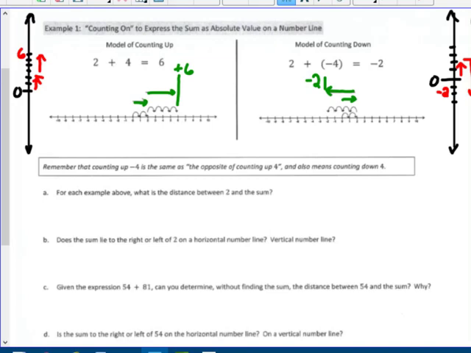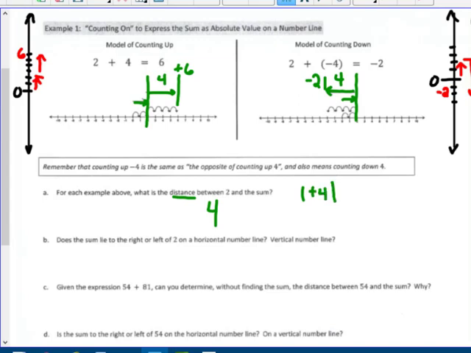In this case, we get negative 2 as the sum. For each example above, what is the distance between the 2 and the sum? Here's my 2, and here's my sum of 6, and this distance was 4. Here's 2, and here's my sum, which was negative 2, and this distance was also 4. Why? Because positive 4 and negative 4 have the same absolute value, which is distance, right?